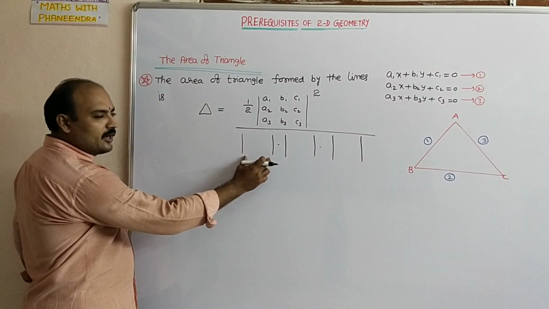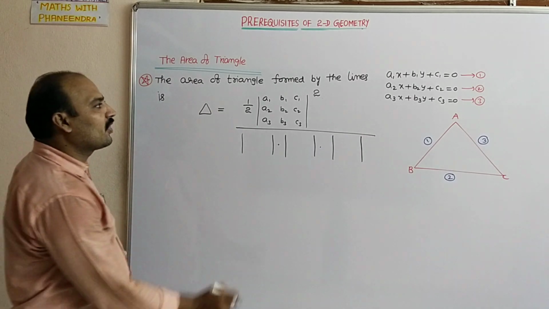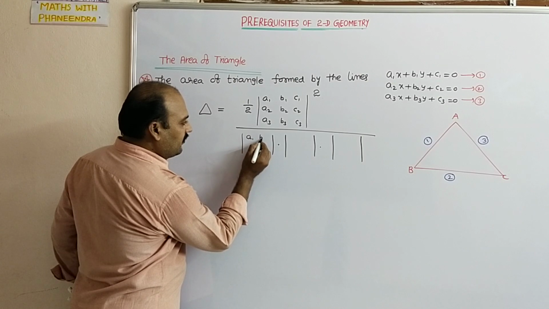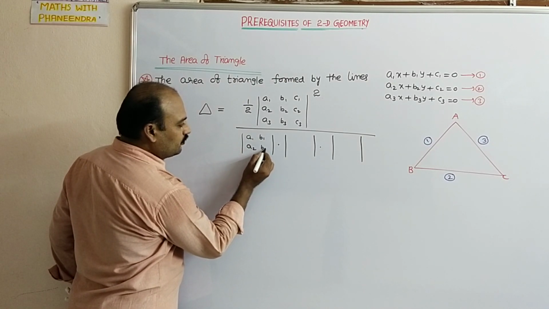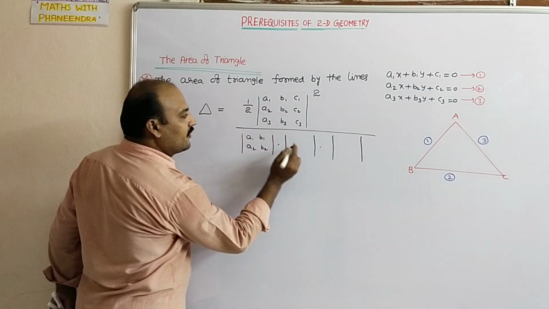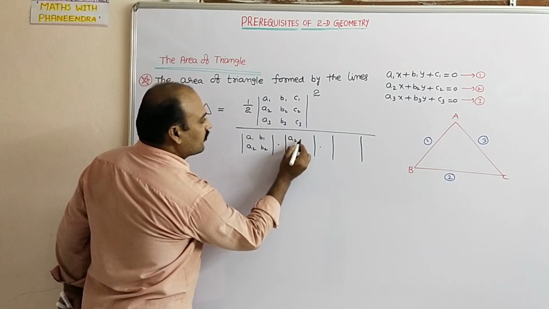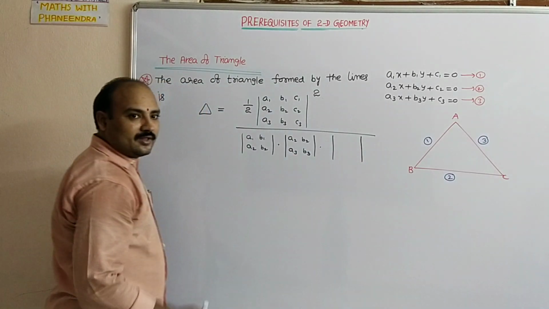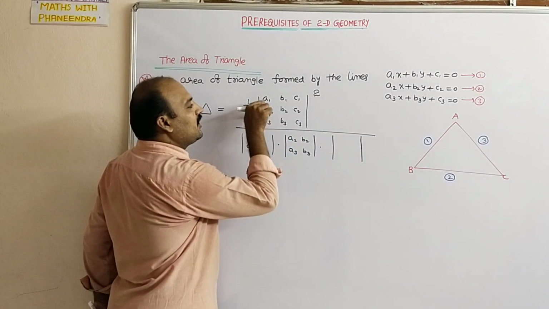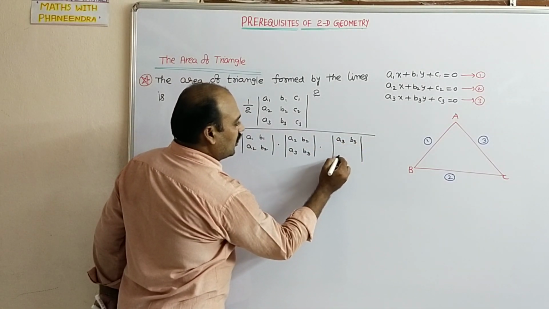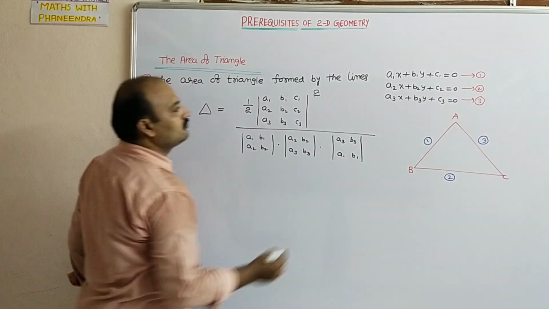In the first 2 by 2 determinant, write A1, B1, A2, B2. In the second 2 by 2 determinant, A2, B2, A3, B3. In the third determinant, A3, B3, A1, B1.